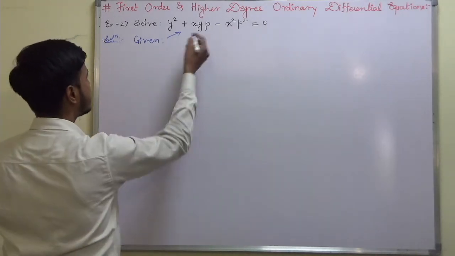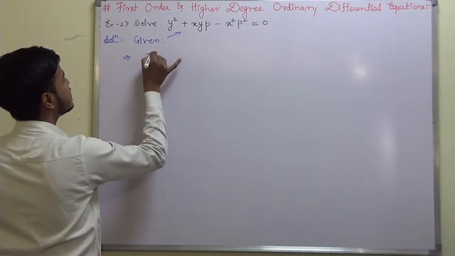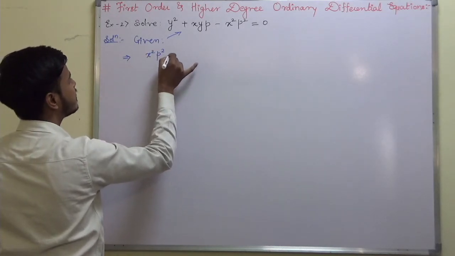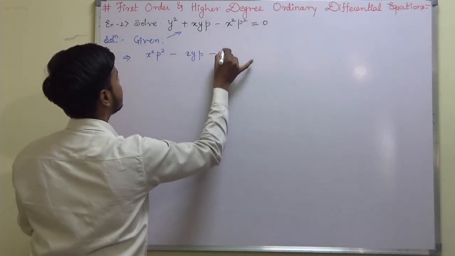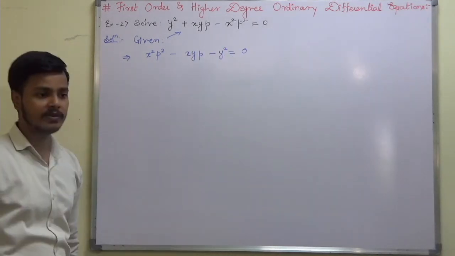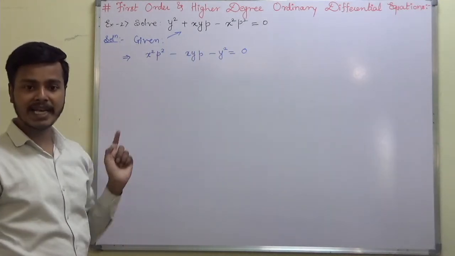Okay, now you just see this. This can be written as x square p square minus xyp minus y square is equal to 0. Okay, writing p square term first and multiplying by minus sign.